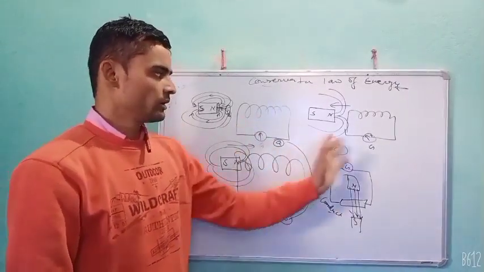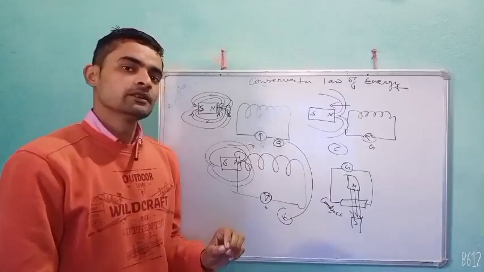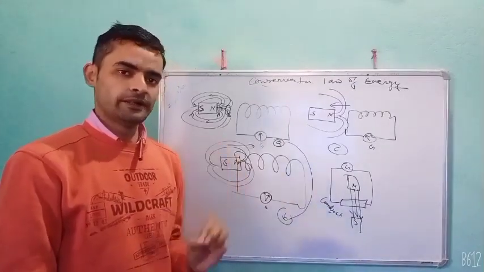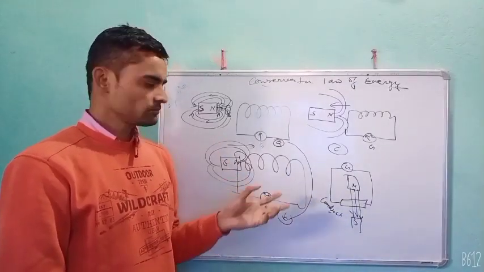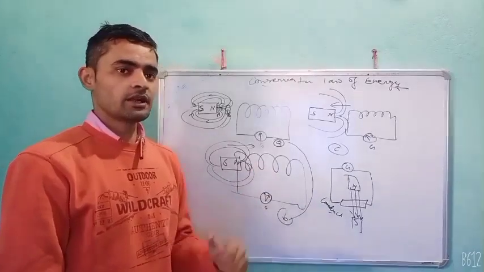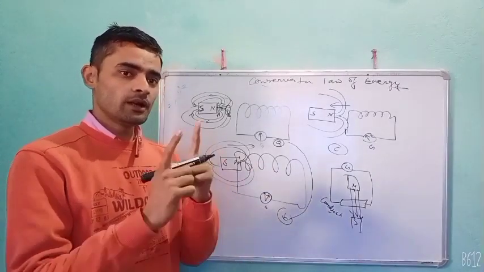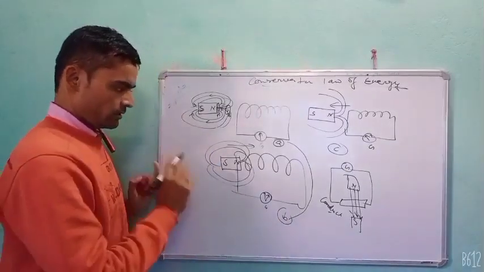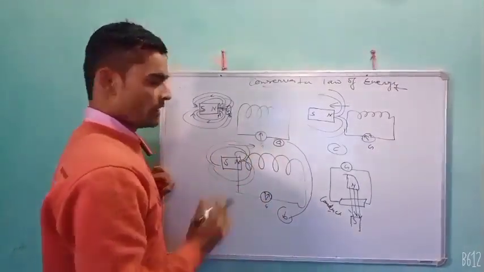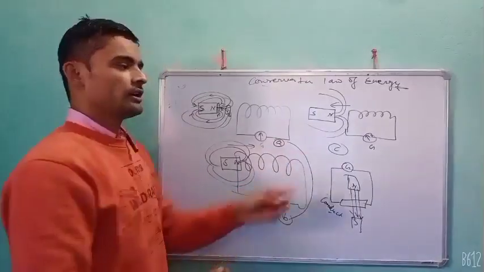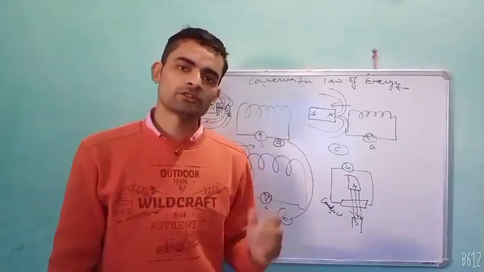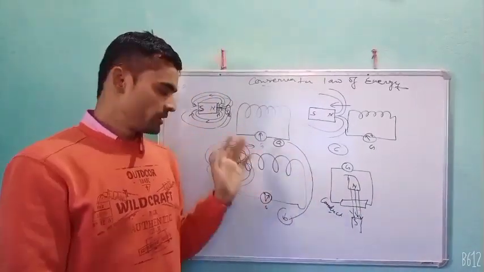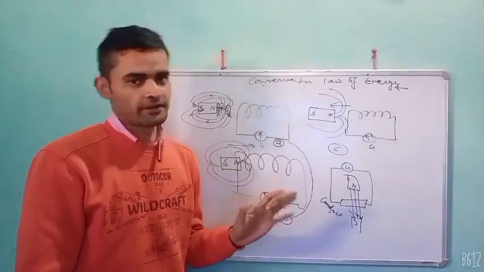So the whole experiment is saying that if you are going to find any current in a conductor with the help of a magnetic field, you will have to ensure that the magnetic field is changing, whether increasing or decreasing. If you are increasing or decreasing the magnetic field, in both conditions you are going to get a current, but the direction of the current is going to be different.